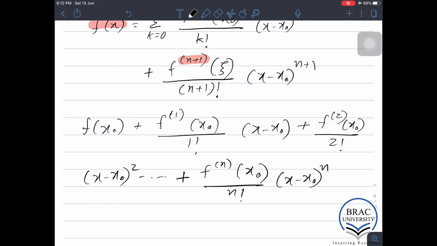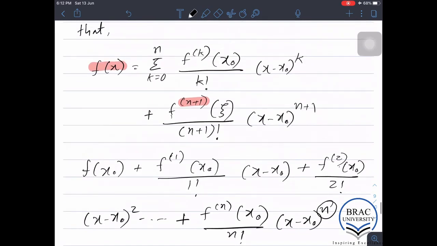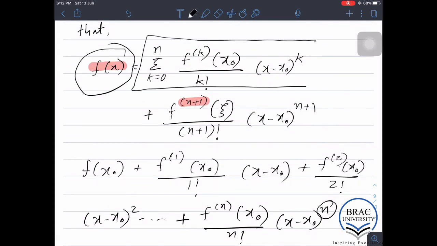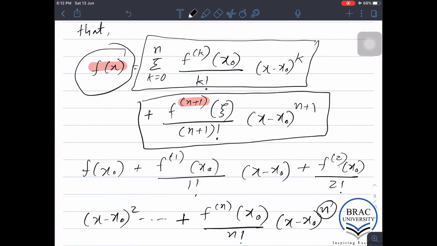So what I was saying is that if I take the first n plus 1 terms, then I get a polynomial of order n, also of degree n, right? So you are approximating the function f of x with a polynomial of degree n with the first n plus 1 terms, and whatever is there after is your error.